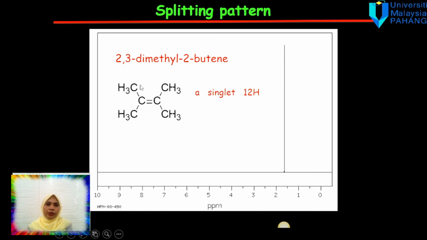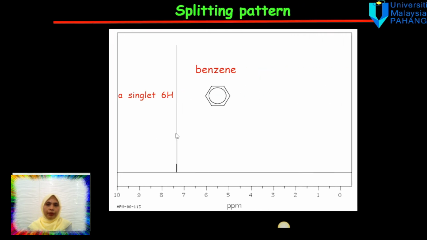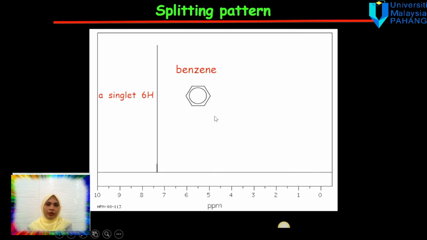The same goes for this structure, which is symmetrical, meaning all the signals appear as a singlet with 12 integration also. 3 plus 3, 6 plus 3, 9, and plus 3 is 12. The benzene ring also has the same environment. If they are not attached to any heteroatom, all the signals are considered as the same environment and the same position in the chemical shift, with the integration 6H.